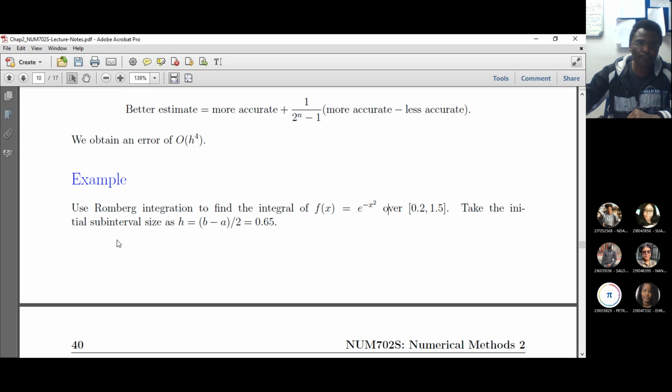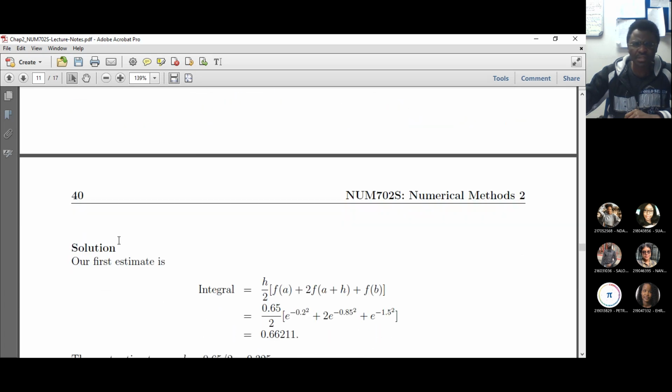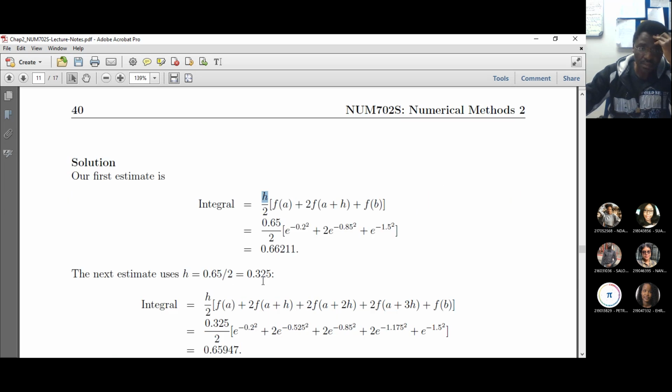Are we using the trapezoidal rule or Simpson? I think it's the Simpson rule, because here I see 2, h by 2. Wait, which rule are we using?